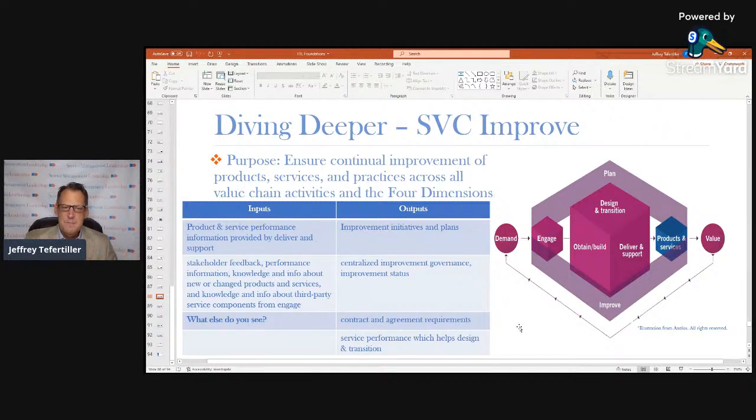That makes sense, right? You may want to improve your service performance, which can help your design and transition. One of the key things about the service value chain is it's not a series of steps like the service lifecycle in ITIL4. It will bounce around some and not be linear.